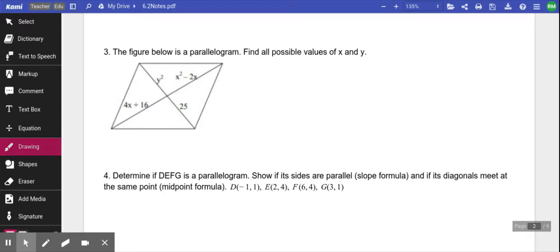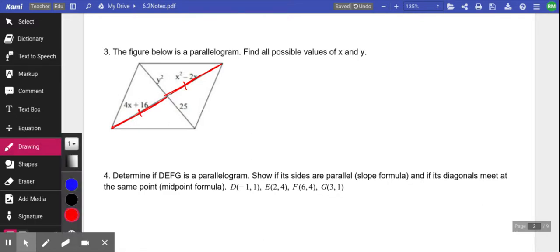So here it is saying that this length right here is 4x plus 16. And this length right here is x squared minus 2x. So what do we know about those two lengths? Well, property number 5 says that diagonals bisect each other. So those two lengths are congruent to each other.